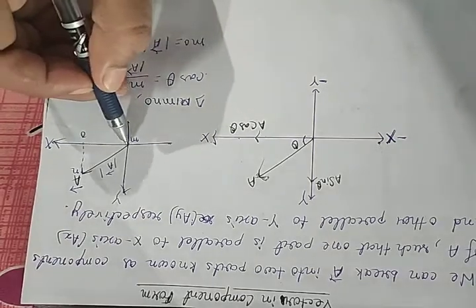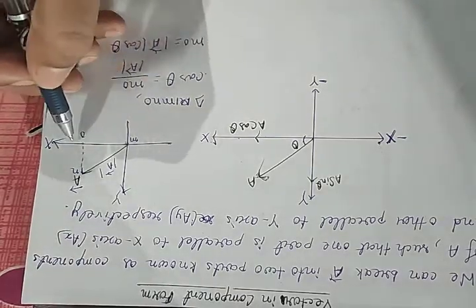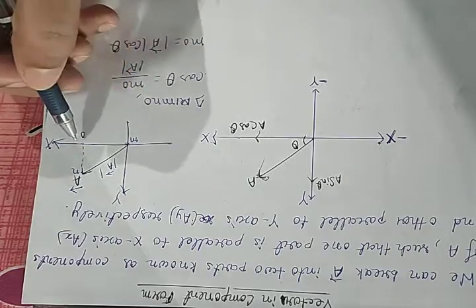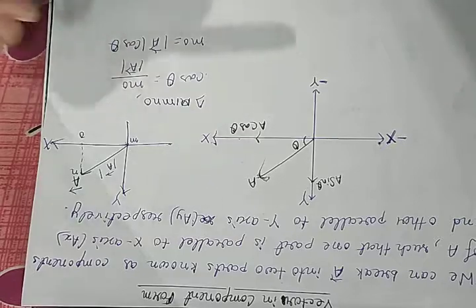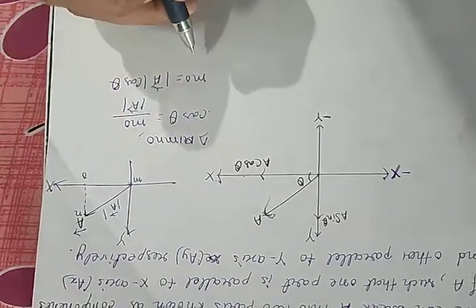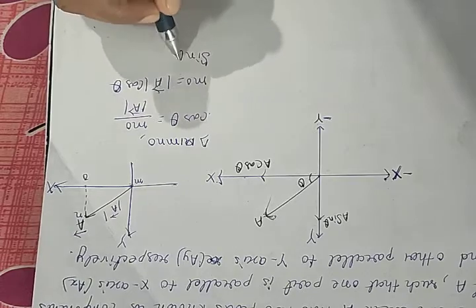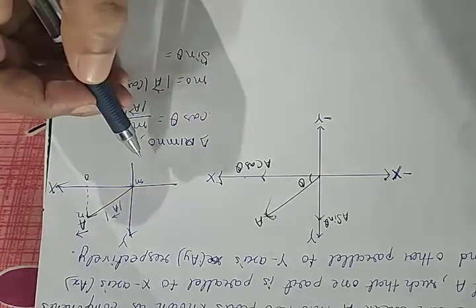So the value of this part MO, which is lying along the x-axis, is A cos theta. And similarly from this triangle MNO, sin theta is equal to perpendicular by hypotenuse.